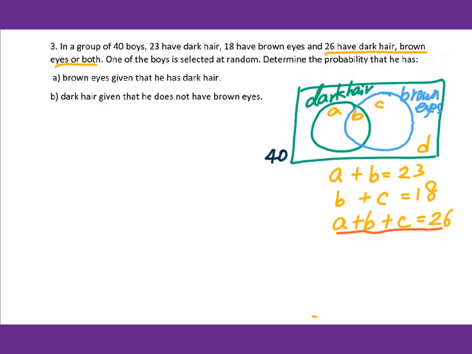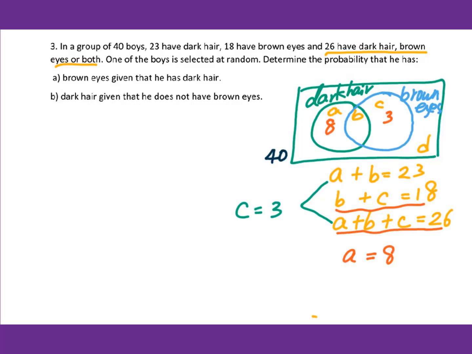So from these two, you can figure out that A equals 8. From these two, you can figure out C equals 3. Then here's the label, 8, 3.